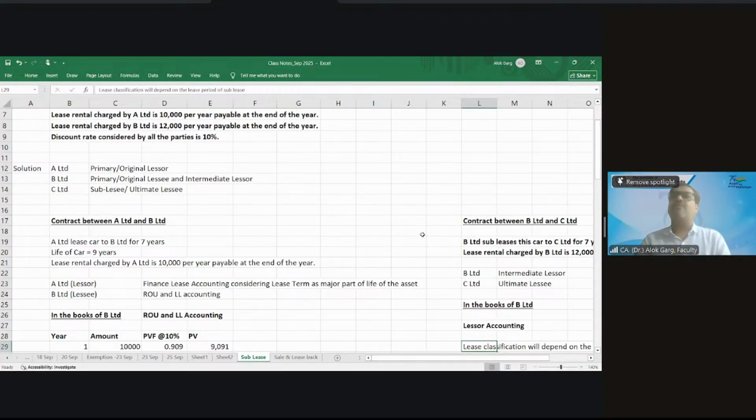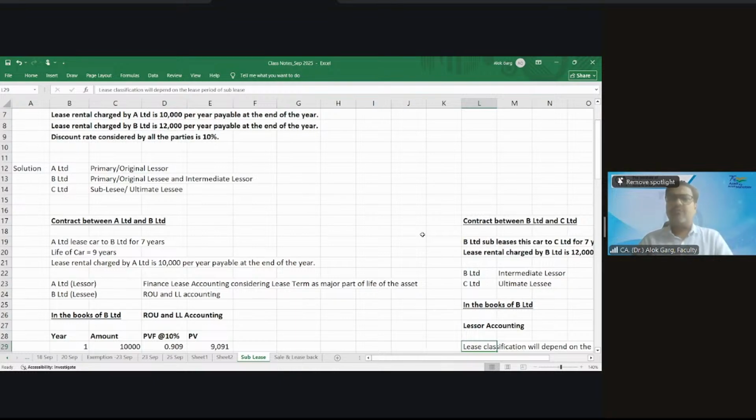See, the main lessee, when acting in the capacity of intermediate lessor, has transferred the right, but only for a limited period of time. That is why it is not creating a finance lease and it is an operating lease. The intermediate lessor, who is the original lessee, has created a right of use asset for his own obligation, the rental which he is paying to the head lessor.